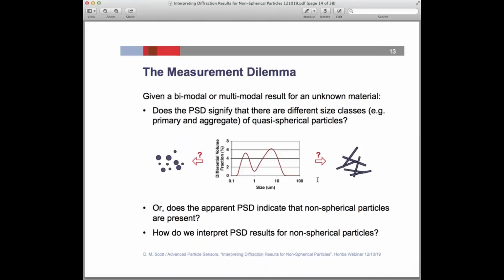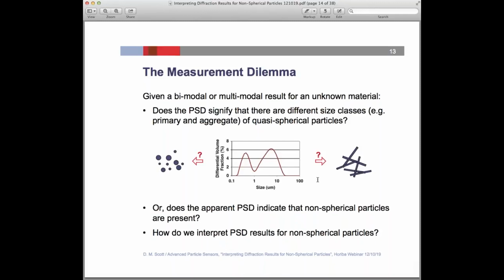So if you're sitting there in your lab one day and someone brings you a sample, and this happens more frequently than we'd like to admit, they drop it off, and you have no idea what it is, what the particle size is, what it's made of, or anything else.